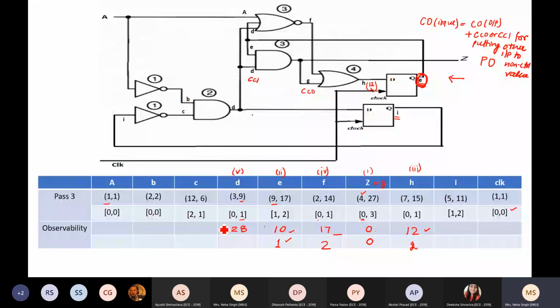Fine. And I am left with A. Calculate the observability of A as the sixth variable. Output's observability plus CC0 of D plus CC0 of E. CC0 of D is 3, CC0 of E is 9, 9 and 3, 12, plus observability 12 plus 17, 29 plus 1, 30.